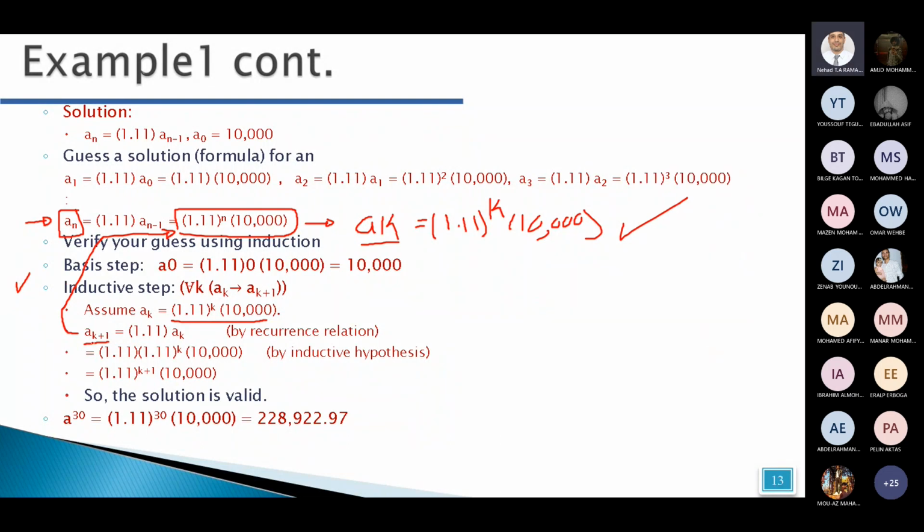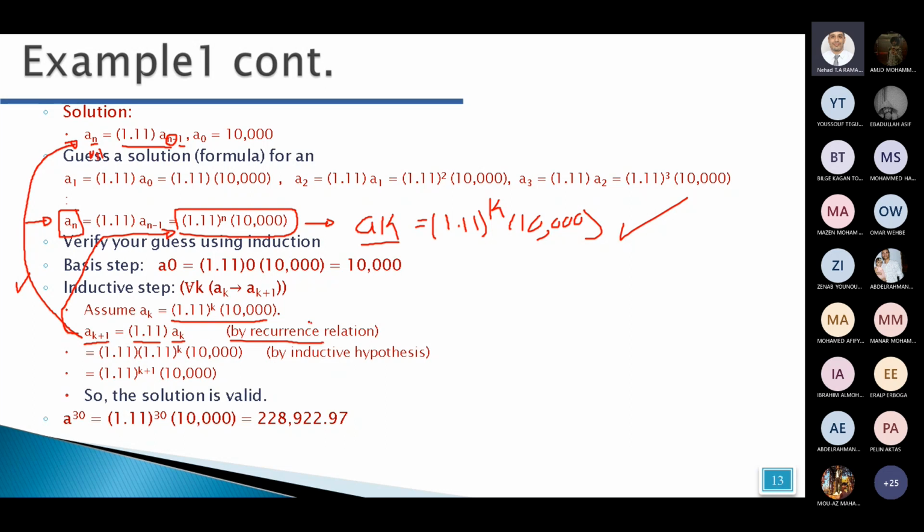But here we need to apply the recurrence relation first, because we always start from the recurrence relation and get the solution. Starting from the recurrence relation, Ak plus 1: this k plus 1 minus 1 is k. So it's 1.11 multiplied by Ak.